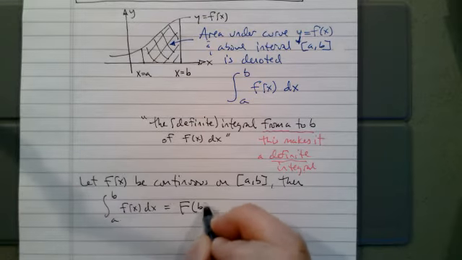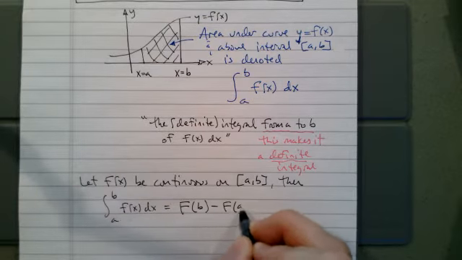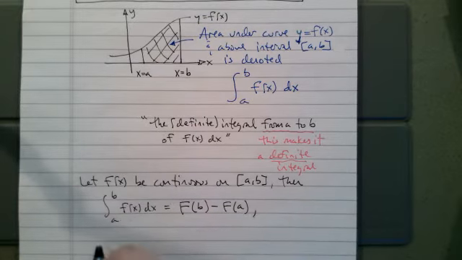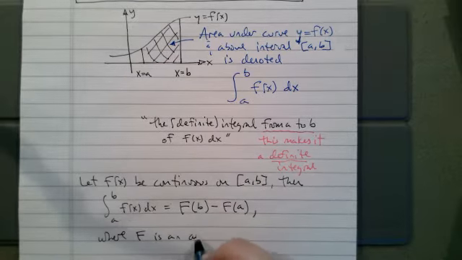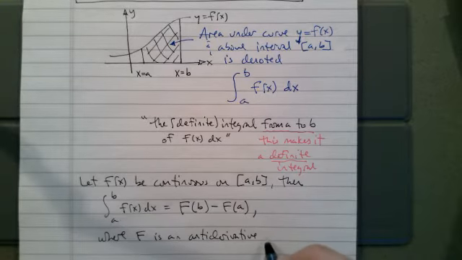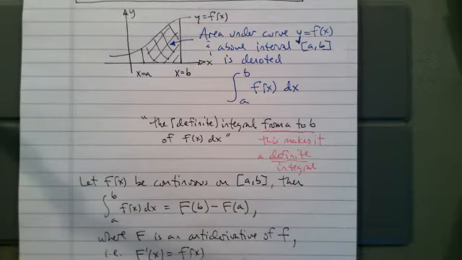Capital F at b minus capital F at a, where capital F is an antiderivative of little f. That is, capital F prime at x is little f at x.